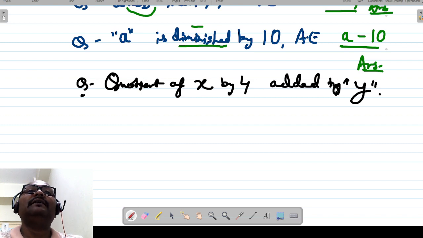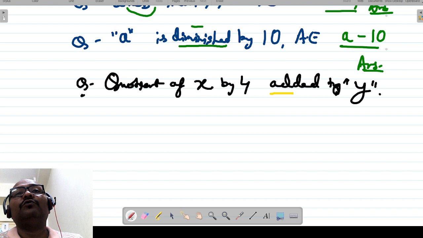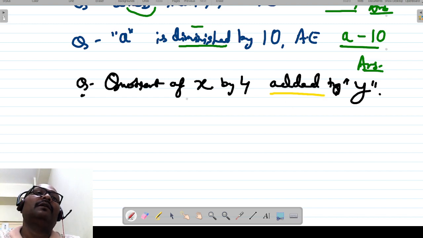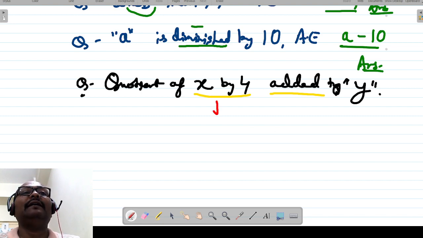Here you can identify the basic words in the question. Added means plus. Quotient of x by 4, how will you write it? You will write x by 4. It is a fraction.